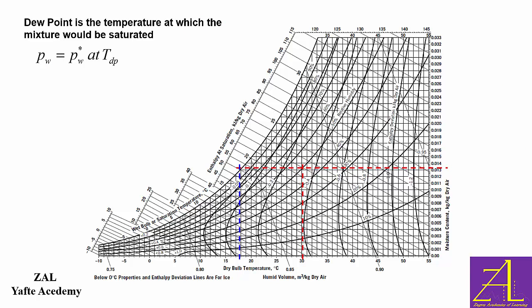You learn about dew point in the lecture note. It says dew point is the temperature at which the mixture would be saturated. It means that if I again assume that ambient air at 30 degrees Celsius and 50% relative humidity, and if this is my point, in order to know what is the dew point of this air, I can just go across until I hit the 100% relative humidity line or the last curve that I see, and then I can come down and read a temperature here.